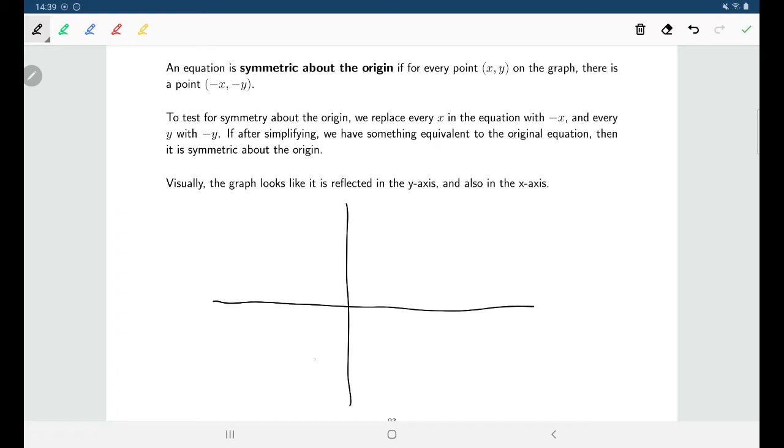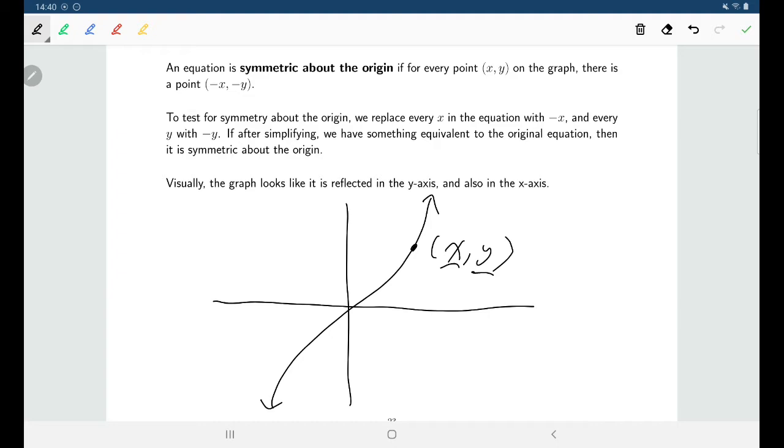And so what that really means for us algebraically is, if you have a point on your graph, because it's really flipped twice, reflected in the y-axis and also in the x-axis, then you'd have to have a point with the opposite sign for the x and also the opposite sign for the y.